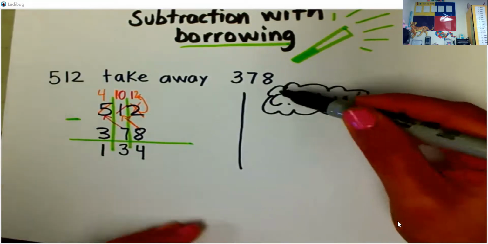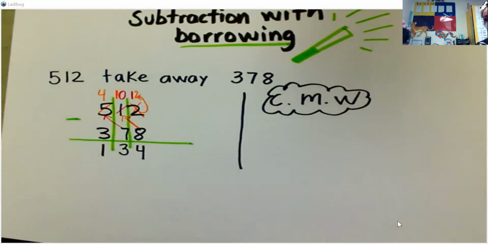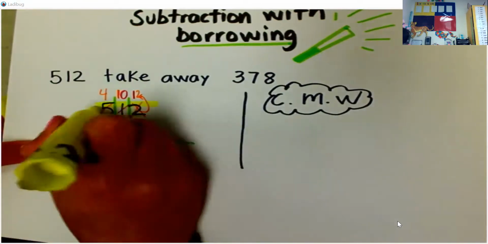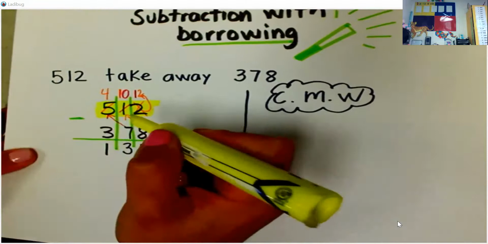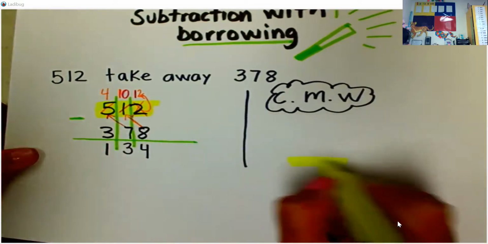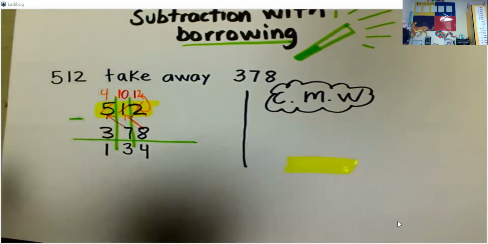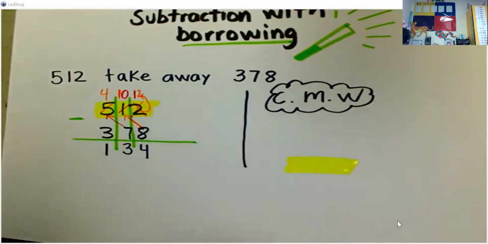And how do I check my work? Super easy, guys. Remember that you need to color code it. The number that you get on top has to be the answer of your addition.